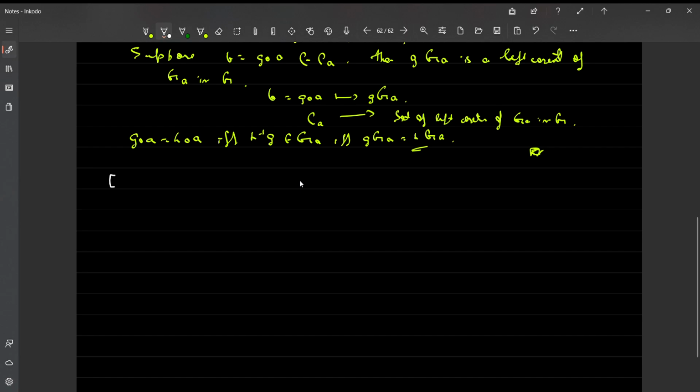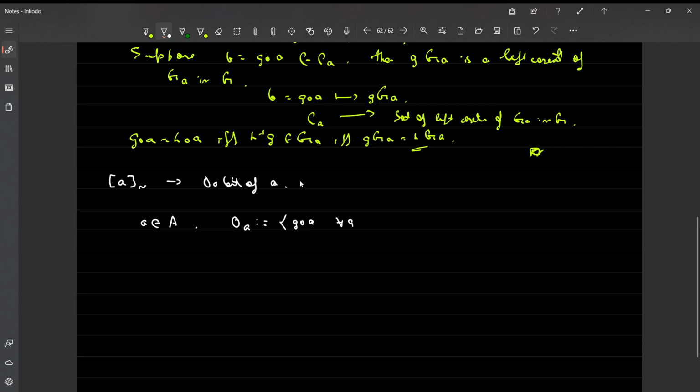Now these equivalence classes with respect to this very equivalence relation are called the orbits of the element. The equivalence class of A is defined as the orbit of A. Clear?